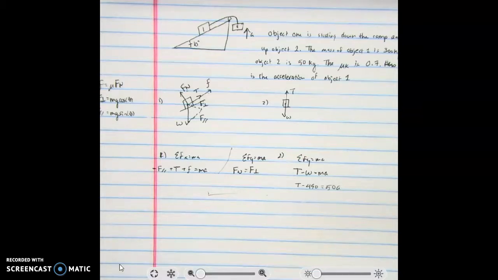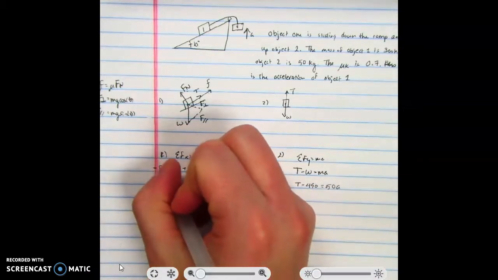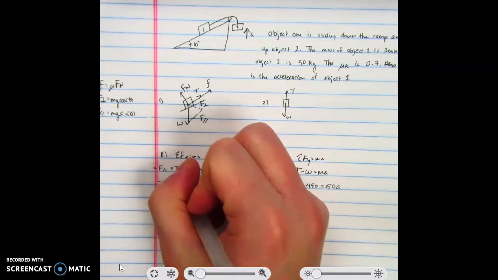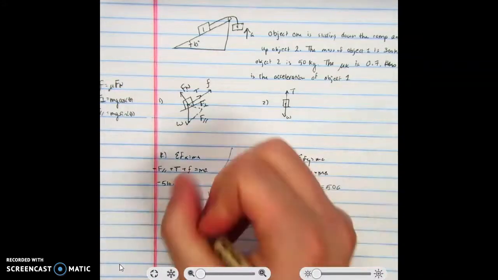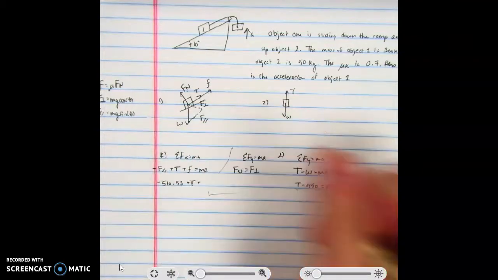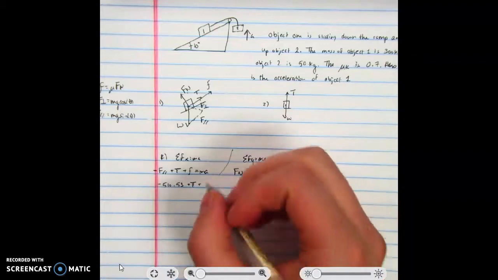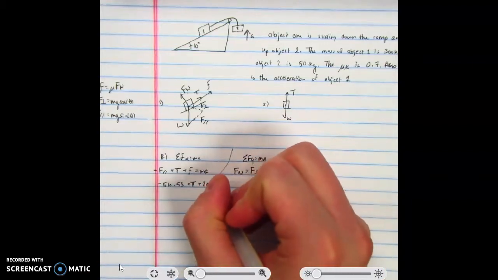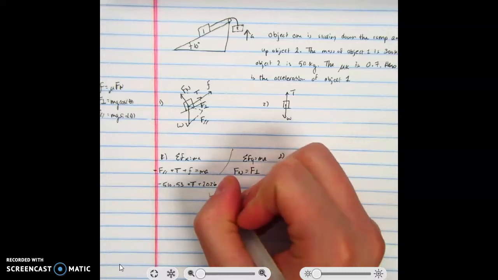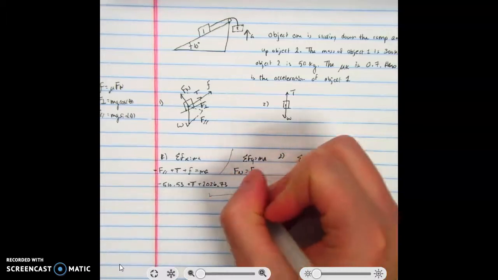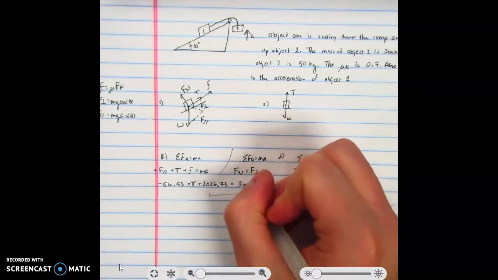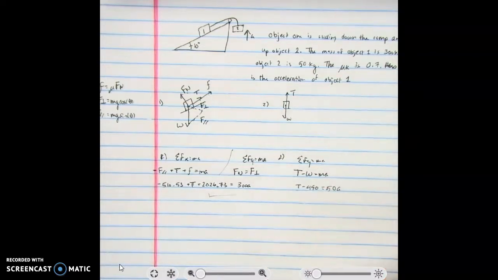Let's get that on our calculator and make sure we're in degree mode. Negative 510.53 plus tension plus 300 times 9.8 cosine of 10 times 0.7 is 2026.73, equals 300A.